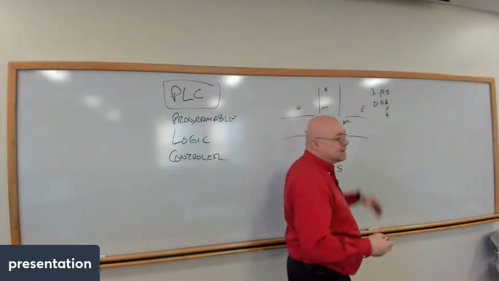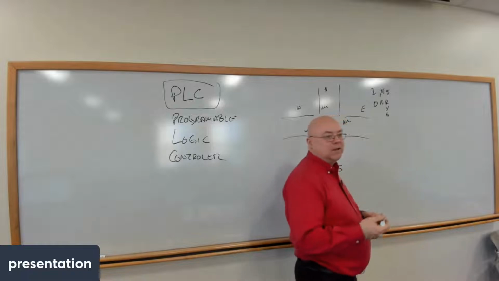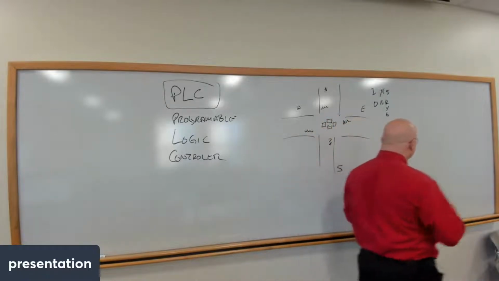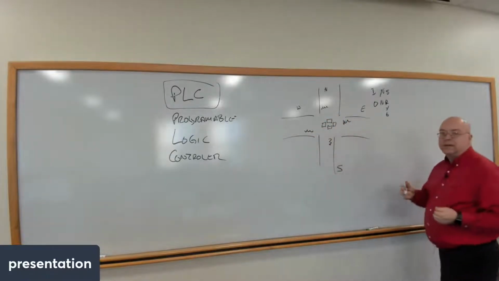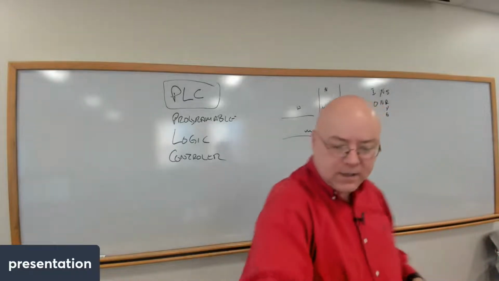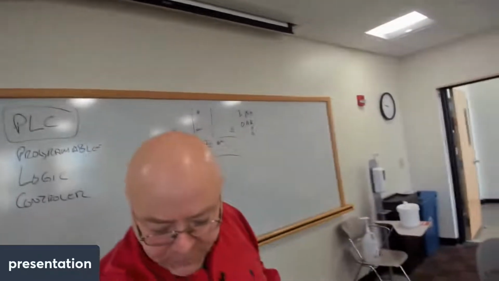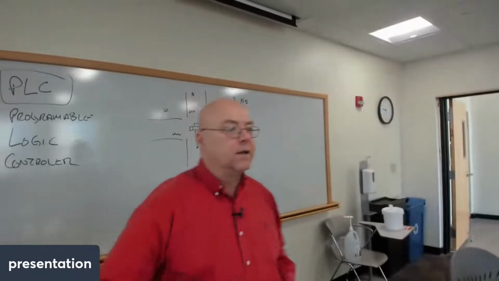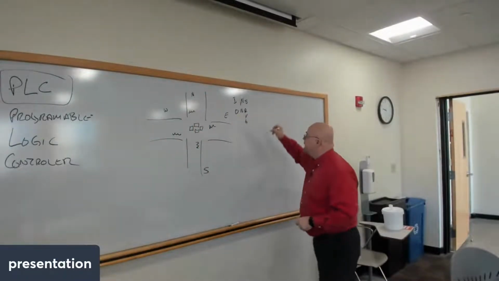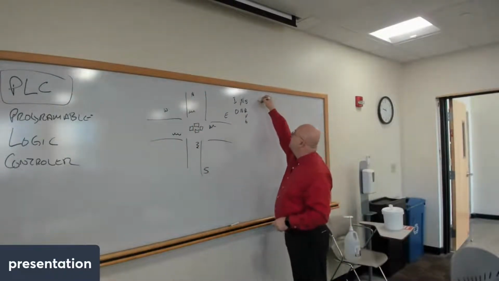Okay, so you've got all these different inputs and outputs. And so what happens when you run one of these ladder logic programs in a PLC is the first thing that the system does is it checks, and each could either be on or off.